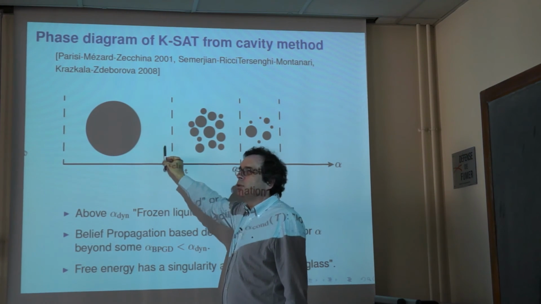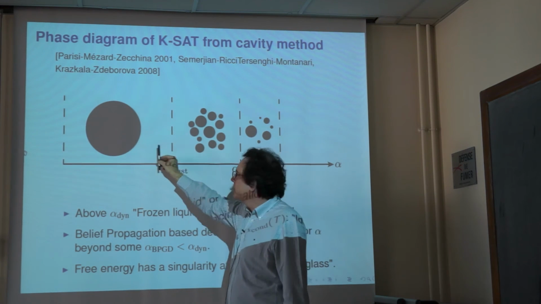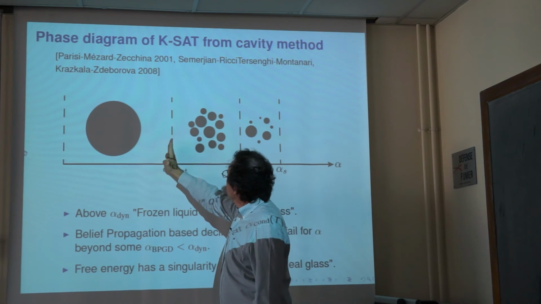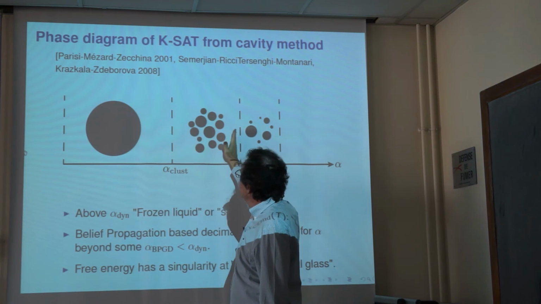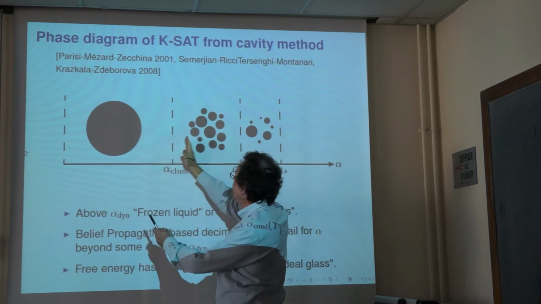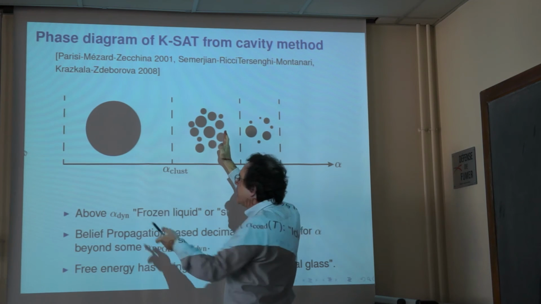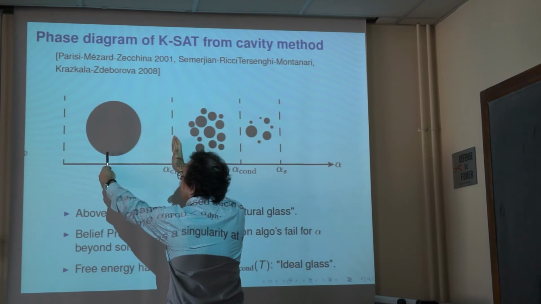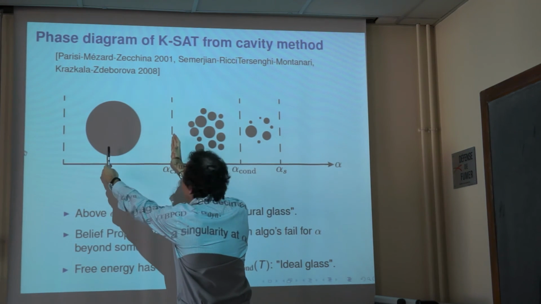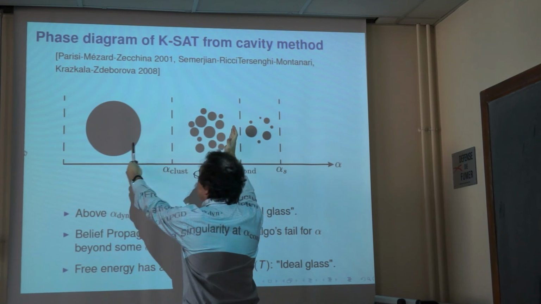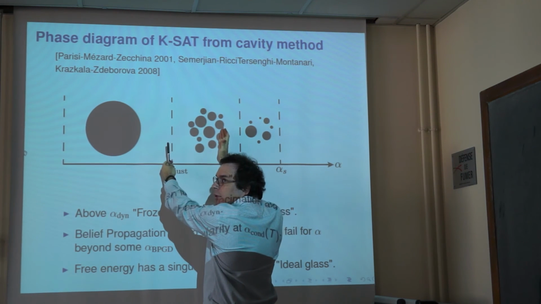Of course, it doesn't work up to here, because life is more complicated. But if this phase disappears, it might be that your favorite analyzable algorithms, which work till here in the usual case, might work better, okay?